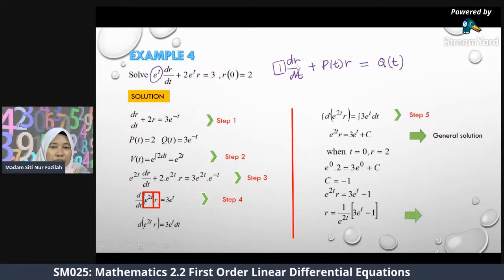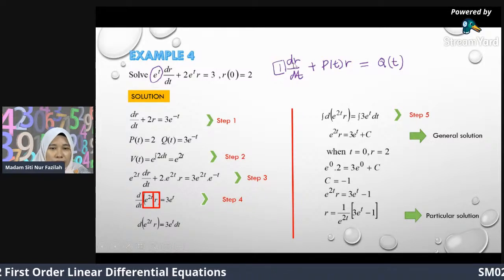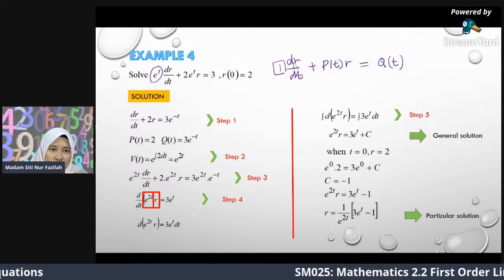This is the answer for the particular solution.